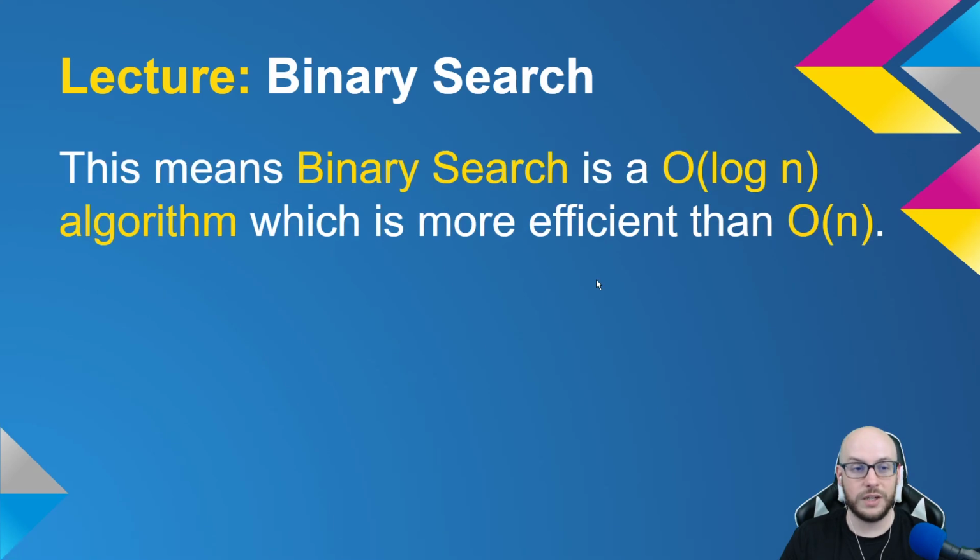Binary search is incredible. This means that binary search is a log n algorithm. Now, for some reason, the big O notation omits the subscript whenever it gets listed. I don't know why. But this is log 2, not log 10, which means it is more efficient than the worst case scenario of linear search.